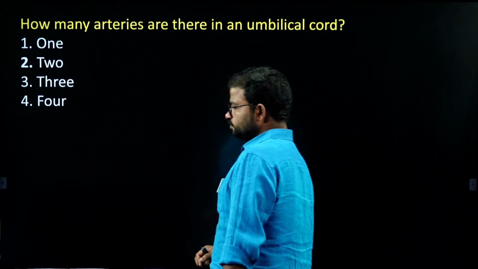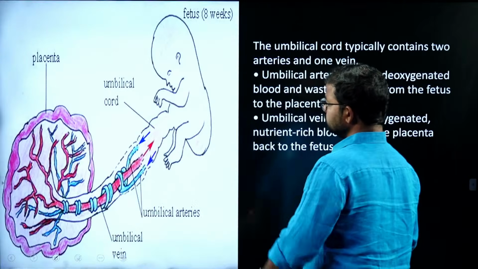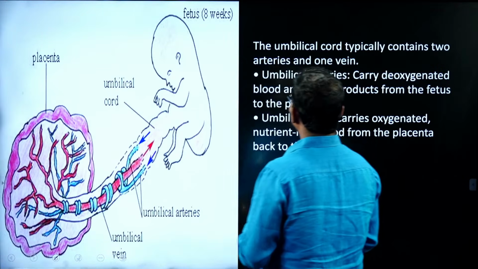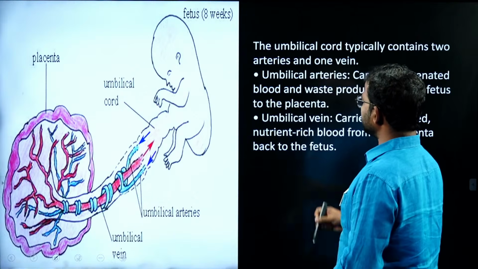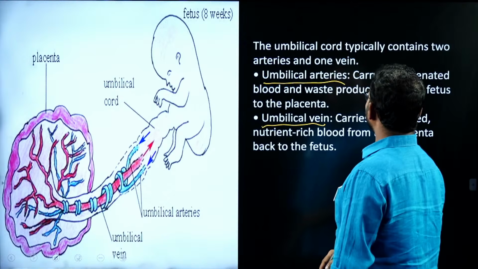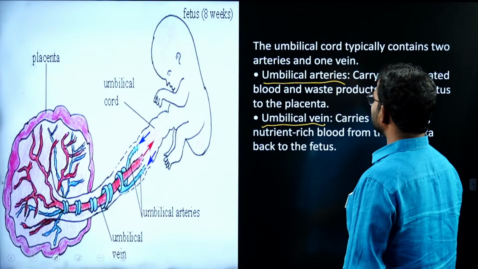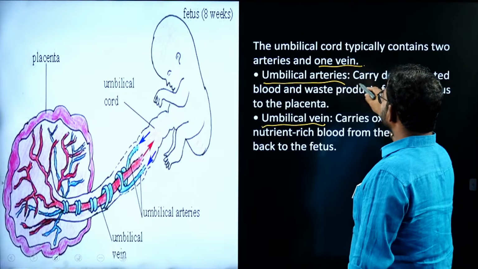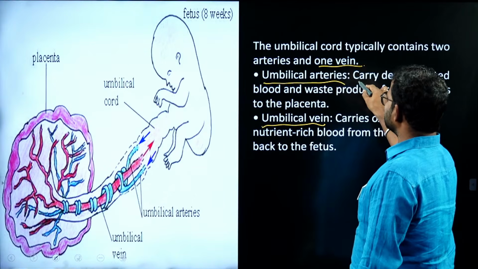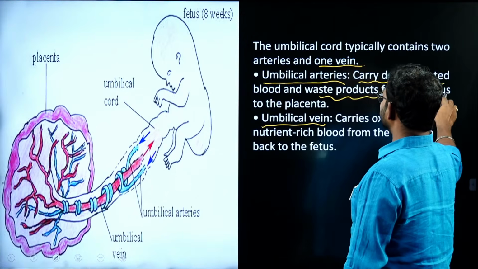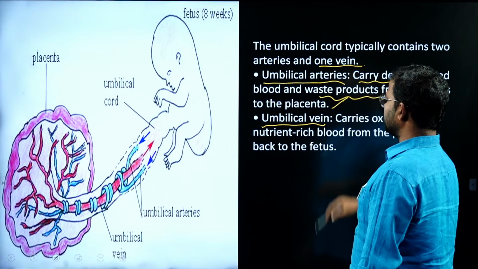Here it is, the umbilical cord. In this we have two types of vessels: umbilical arteries and the umbilical vein. So totally two arteries and one vein exist. What is the role of the umbilical arteries? They carry deoxygenated blood and waste products from the fetus to the placenta.